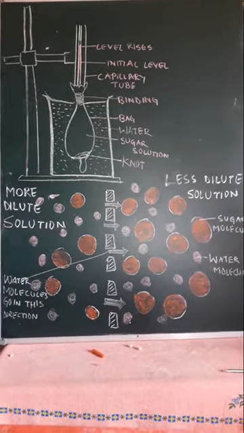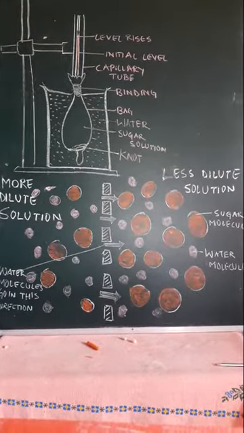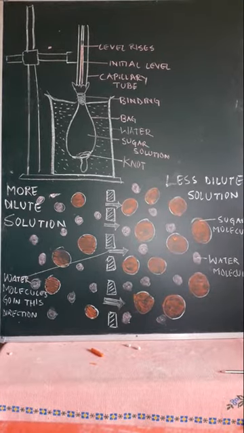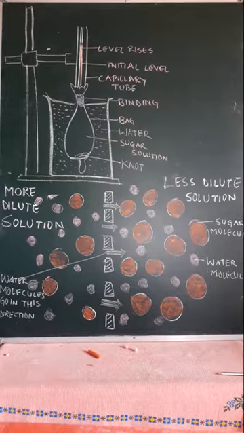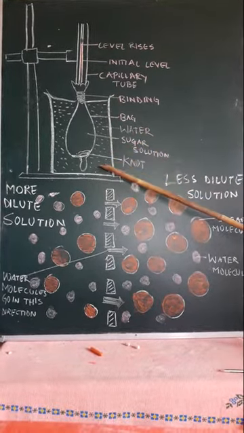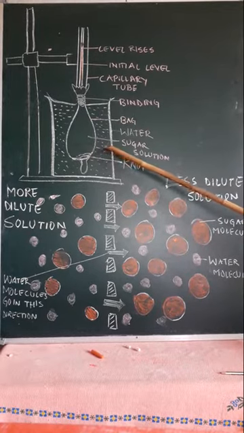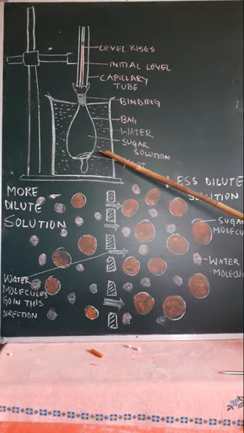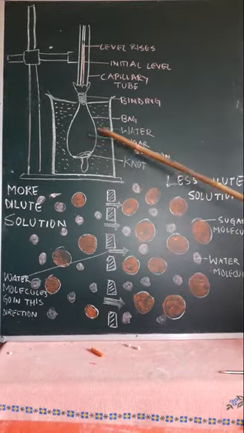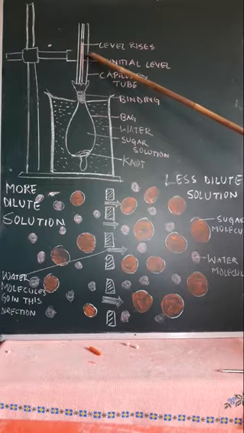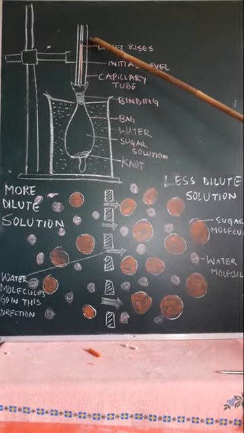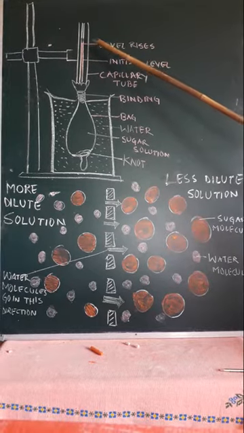How long can osmosis continue? For this, we can say that there are two types of concentration here, lower and higher. So, till it becomes uniform, the osmosis will continue. But here we see when the sugar level rises up, it reaches a height. When it reaches the height, it has weight and pressure.